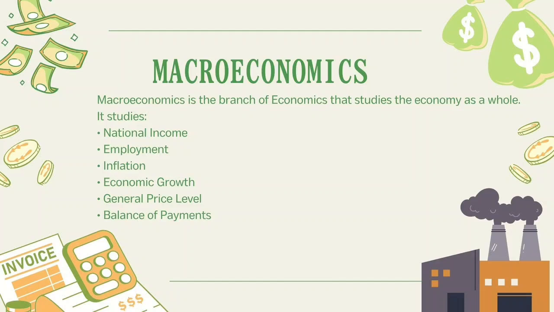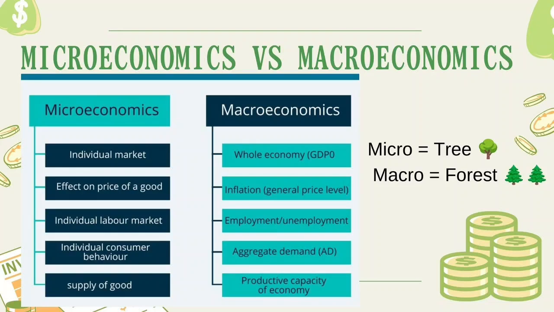Okay, so the next topic is the difference between macro and micro. Sometimes students get confused between these two terms, so let's compare them. Microeconomics studies individual units of the economy, for example, the price of one product, one consumer's choice, one firm's production decision. Macroeconomics, on the other hand, studies the economy as a whole.